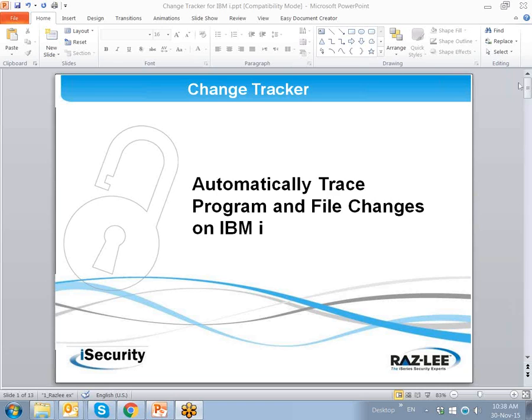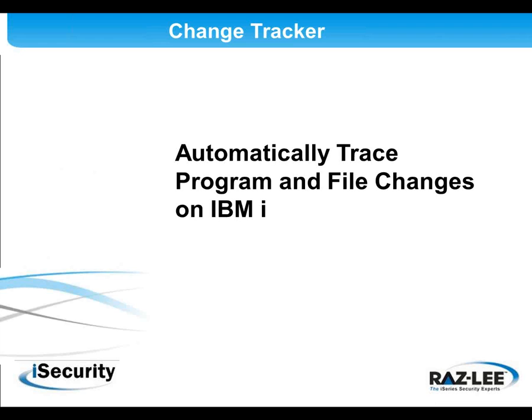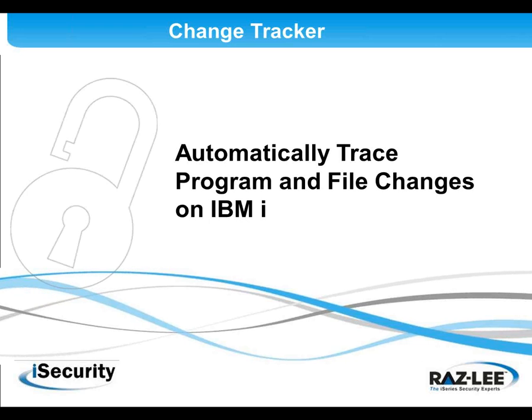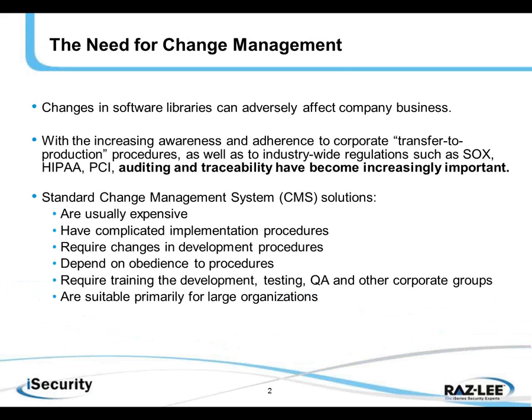I'm Vice President of Business Development at Raz-Lee Security, and today we'll be talking about our Change Tracker product, which automatically traces program and file changes made on the IBM i. We all know, of course, that changes to software libraries, whether source or objects, can adversely affect company business.